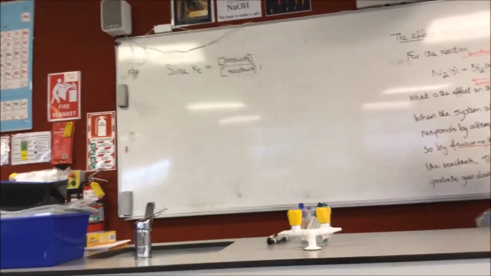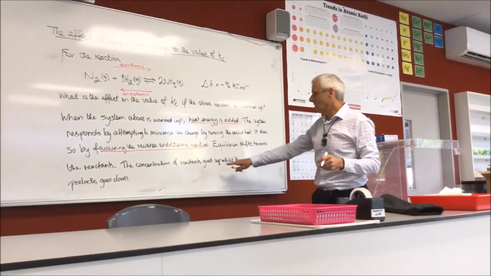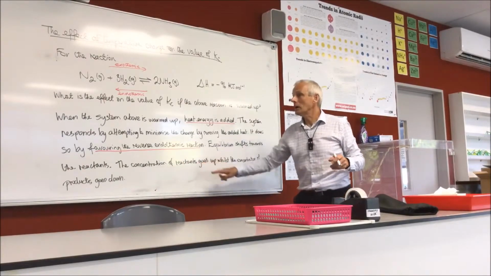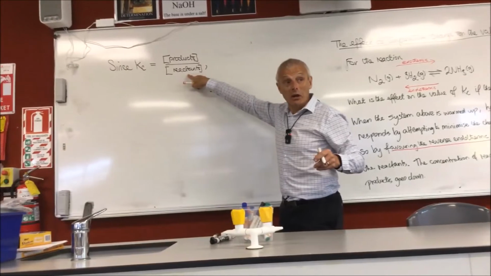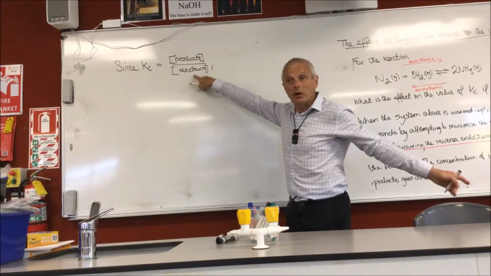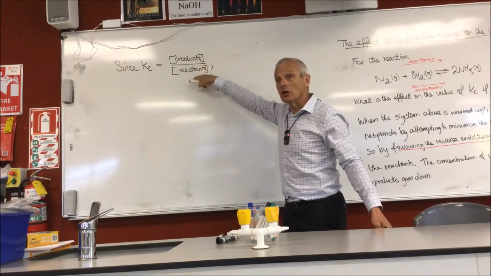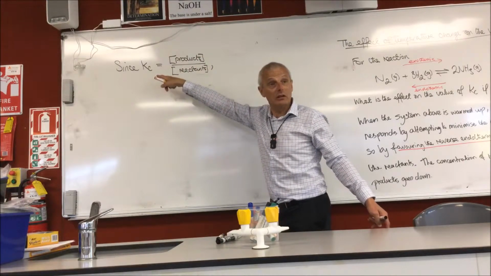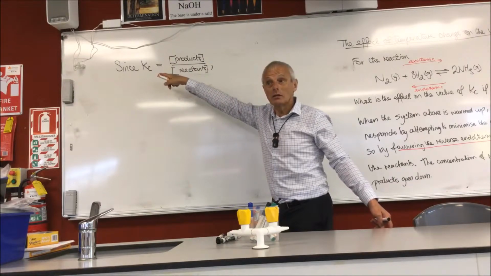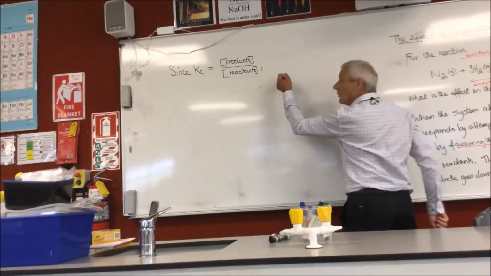What we're doing is we are increasing the concentration of reactants. The denominator is going up. The product concentration is going down. So the numerator is going down. This is going up. That's going down. What's happening to the overall value of Kc? It's actually getting smaller, isn't it? Yeah, well done. Okay, so why don't we write that?